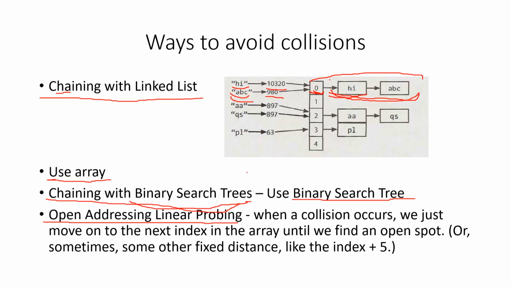So we choose some integer. Let's say that it's 5, and let's say that we have the string high. It has a key something like this, and after the hashing, it points to 0. And we put high into slot 0. Then we have the next string, ABC.